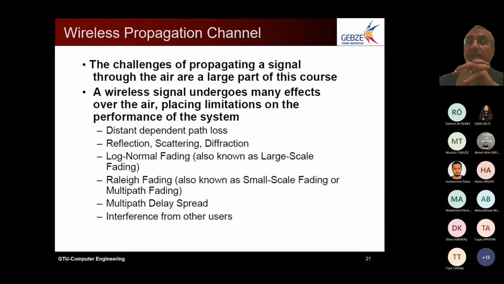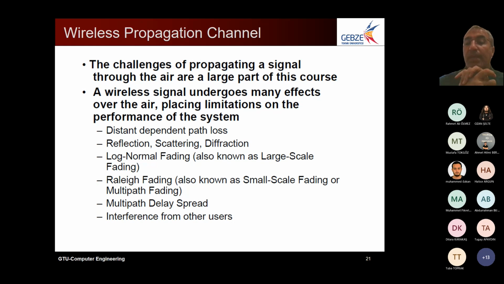And another effect is called reflection, scattering, or diffraction. So once we radiate the signal over the antenna, it can reflect, it can scatter, or it can diffract, even it can refract, which is another type of physical phenomenon. And there's another effect which is called log normal fading, also known as large scale fading.